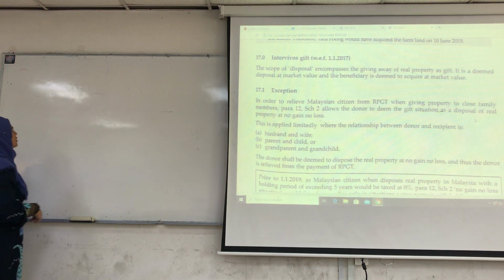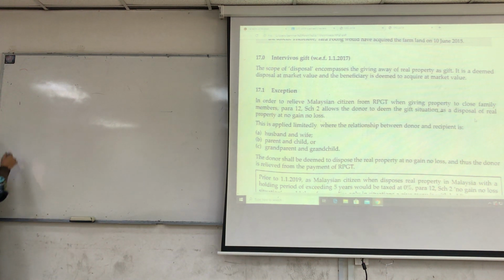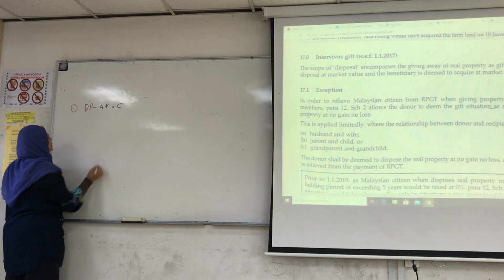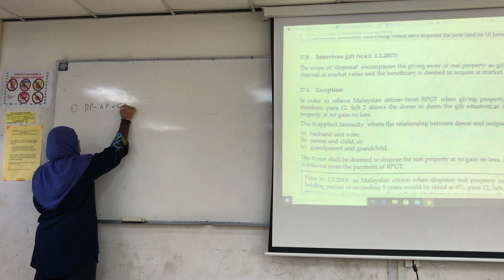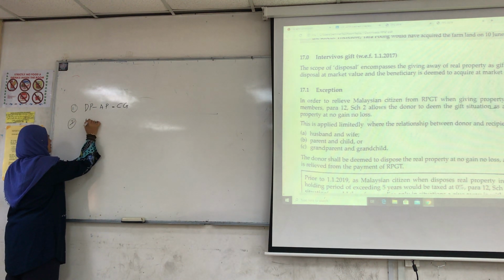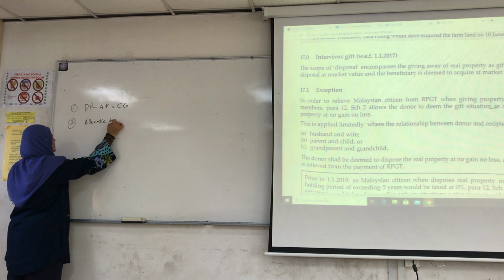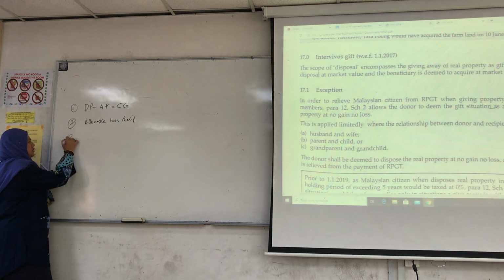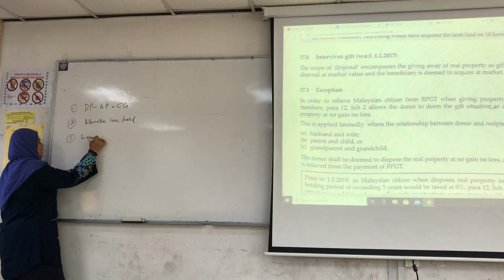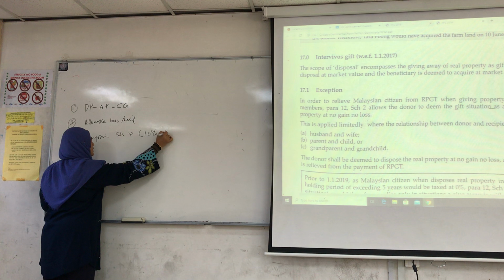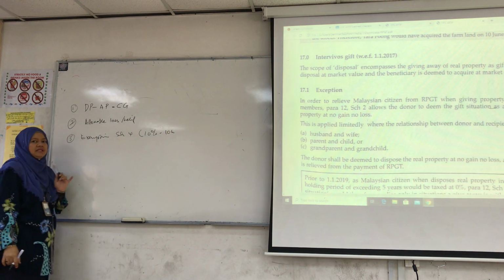So number one, we have looked at the normal principle, where we have your disposal price minus acquisition price equals your chargeable gain. And then we also have looked into the treatment of allowable loss and loss relief. And then we also have looked into the exemption, in this case exemption under Schedule 4, where we talk about the 10% or 10,000, whichever is higher.